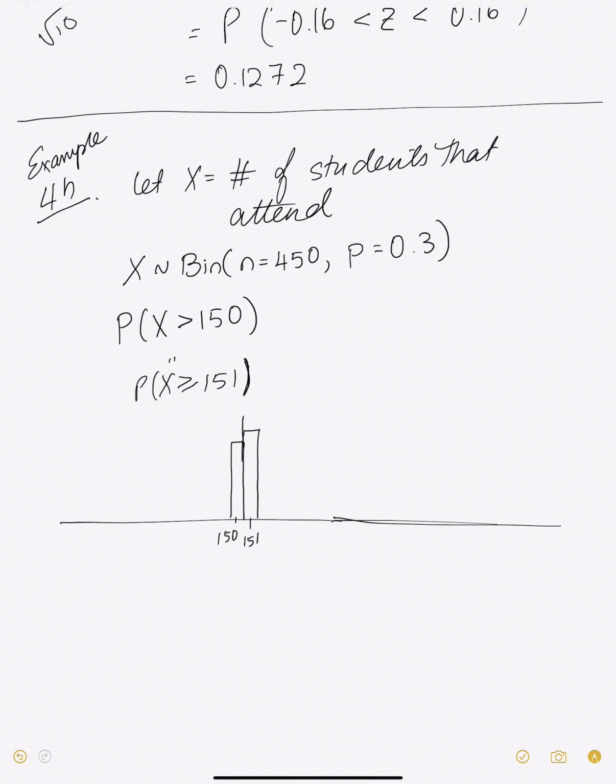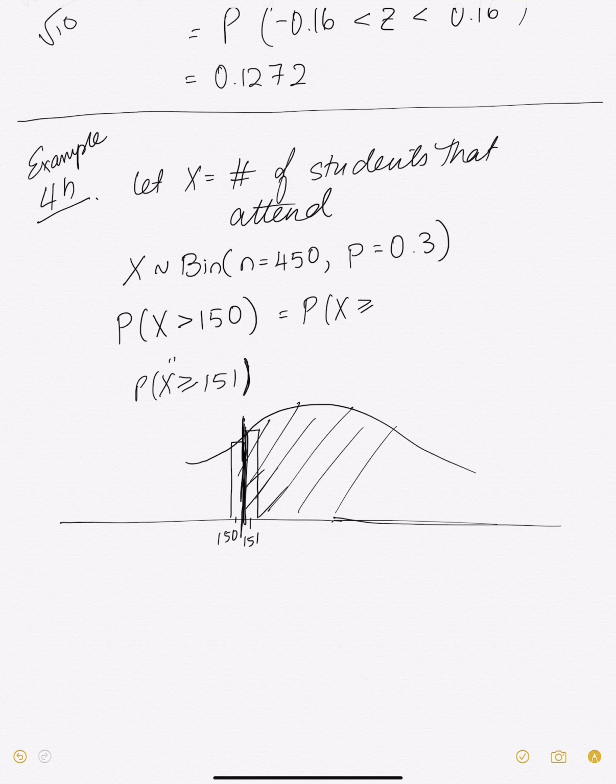So you want the area to the right of this line. So you want the probability that X is bigger than or equal to 150.5. Don't forget to make this correction when you're doing a continuous approximation to this discrete case. That way you'll be looking at all the appropriate bars.